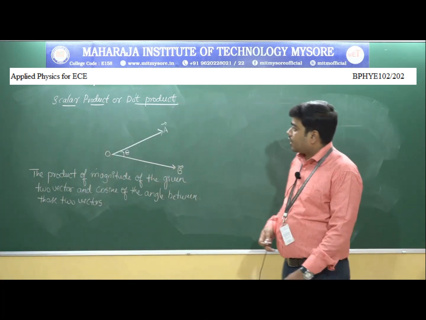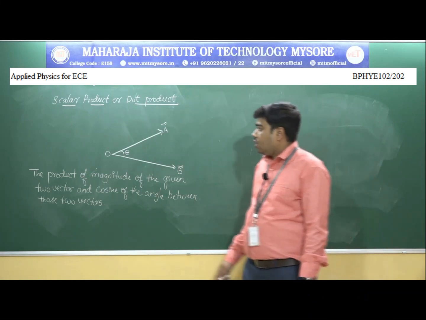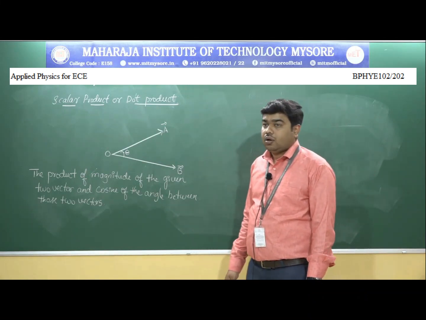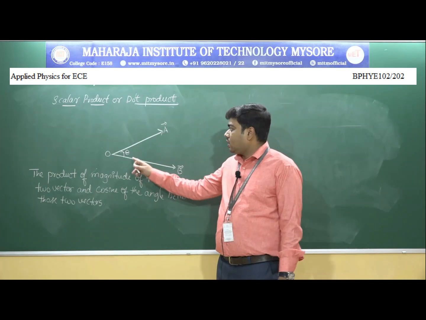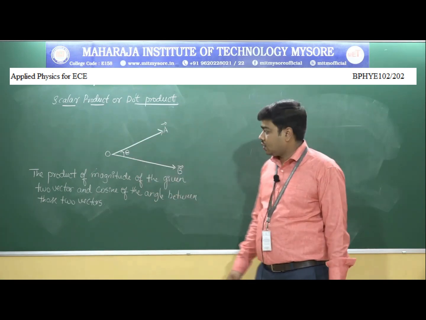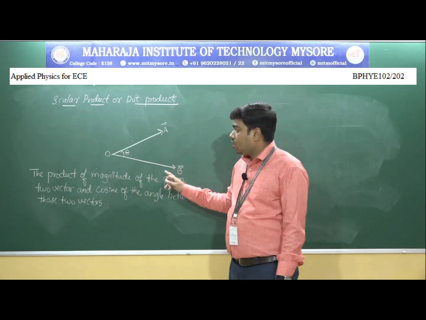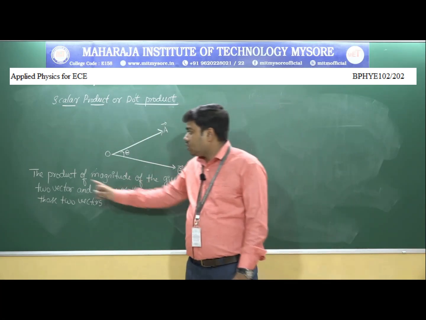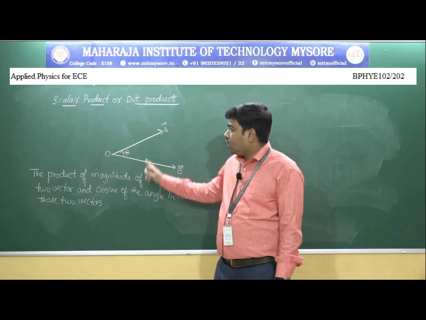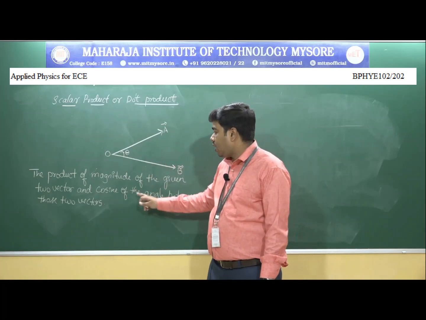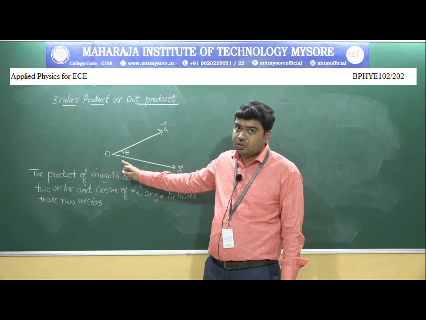If we have two vectors, vector A and vector B, originating from the origin O, and there is an inclination of angle theta between those two vectors, then the scalar product of vector A and vector B can be defined as the product of the magnitudes of vector A and vector B and the cosine of the angle between those two vectors.